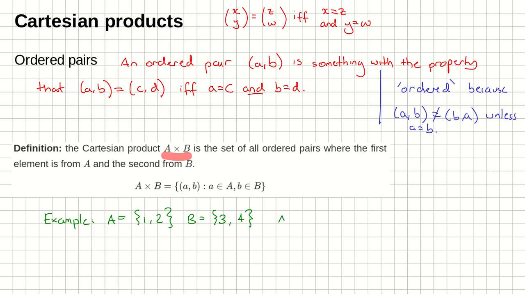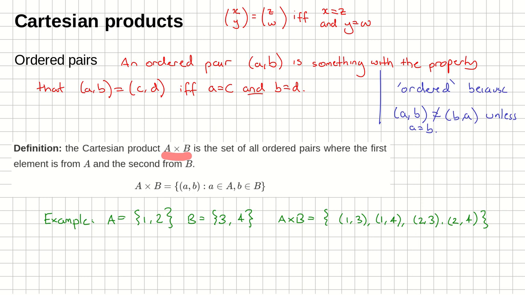And in that case, well, A × B, which is how we pronounce this Cartesian product, A cross B, consists of all ordered pairs where the first element is 1 or 2 and the second element is 3 or 4. So it would have (1, 3), (1, 4), (2, 3), and (2, 4), and nothing else.